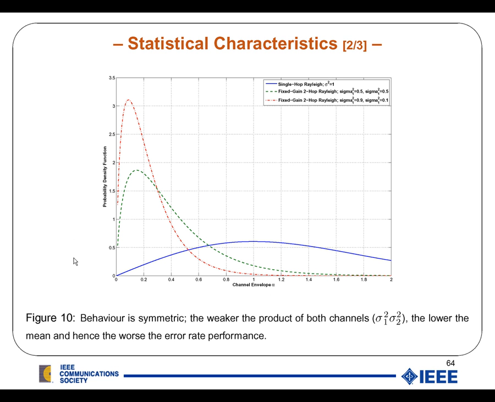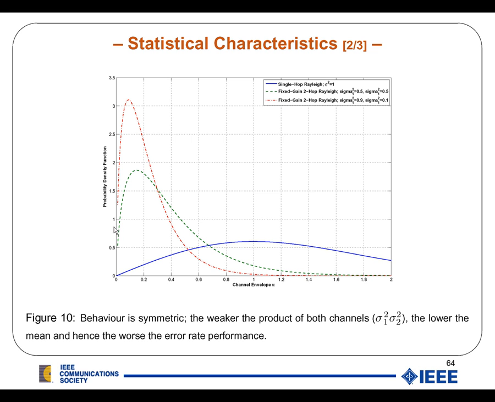If we look at the tendencies, we will look first at the fixed gain two-hop relaying behavior. In particular, I plotted three curves here. I plotted the well-known single-hop relay, which is in a bit of an unusual shape here, but this is due to the scaling of that amplitude.